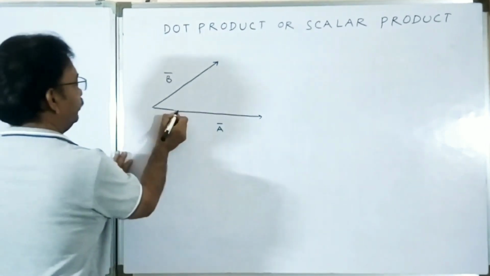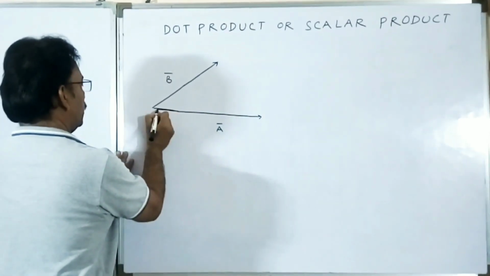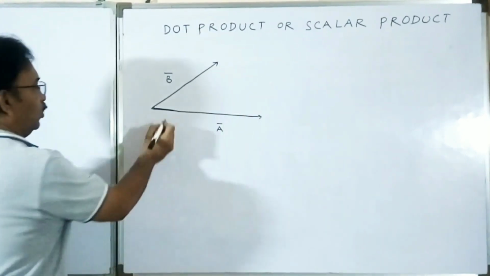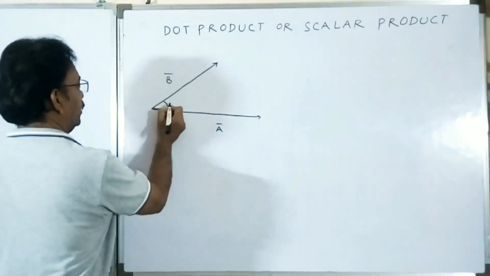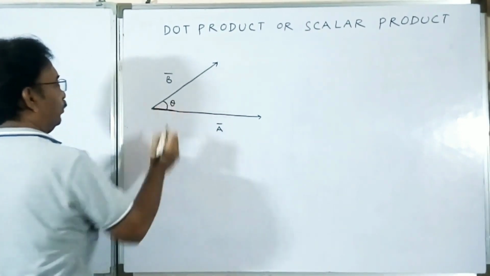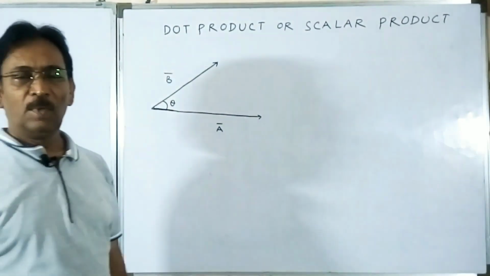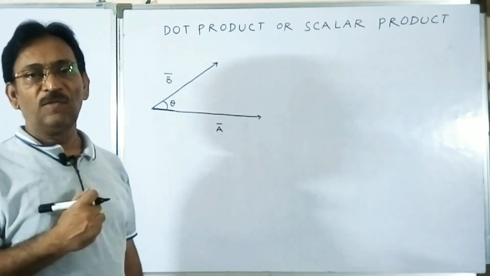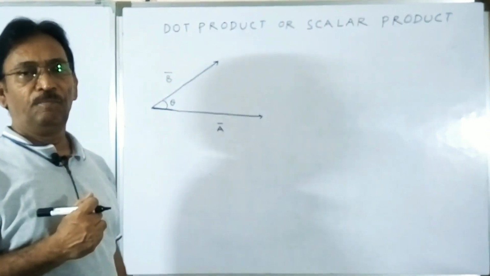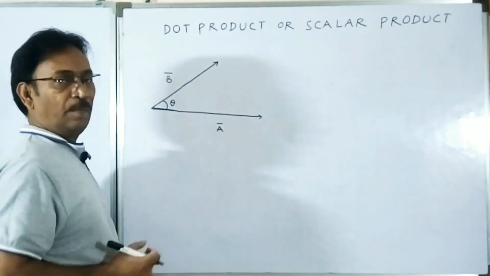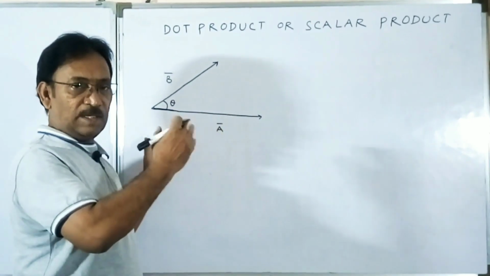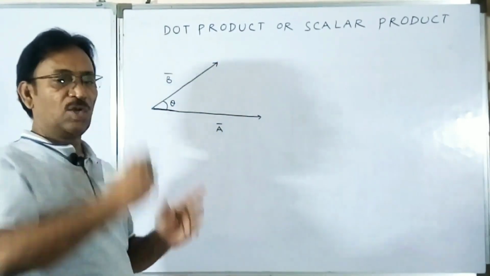As you learned, the smallest angle is the angle between the two vectors. So it is a product of the magnitudes of the two vectors with the cosine of the angle between them, and the result will act along the direction of the first vector.